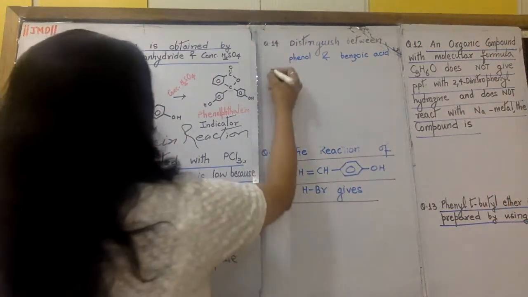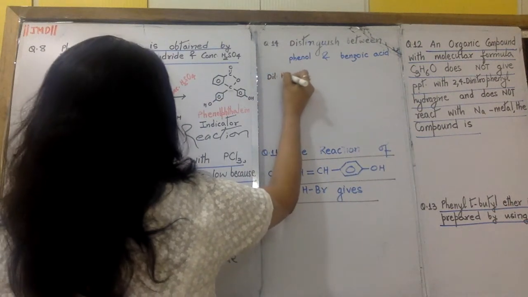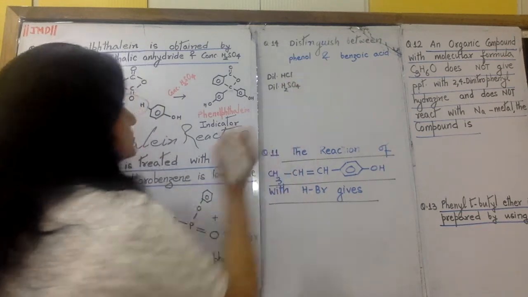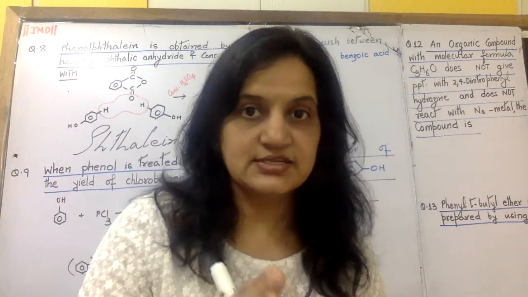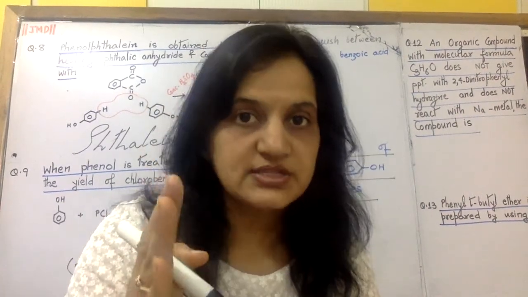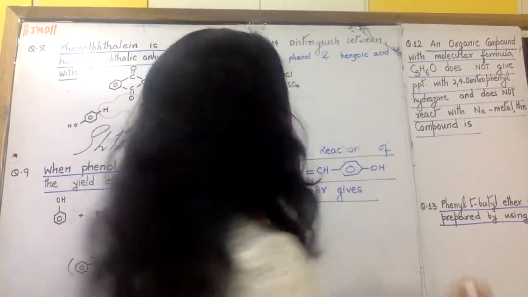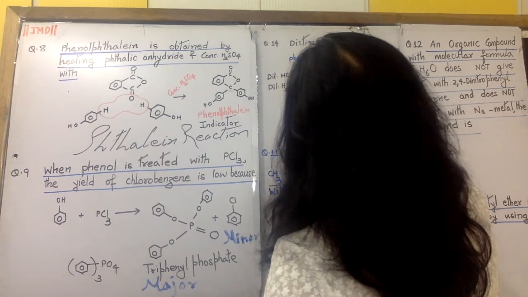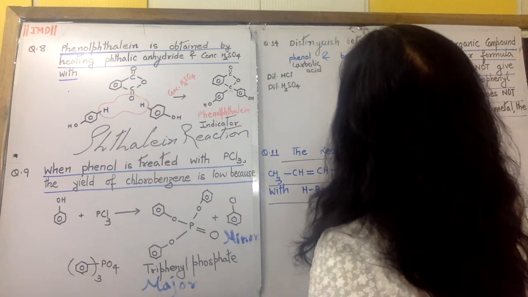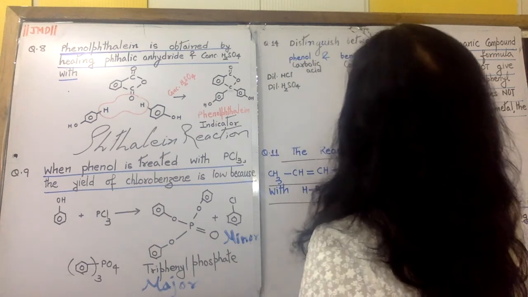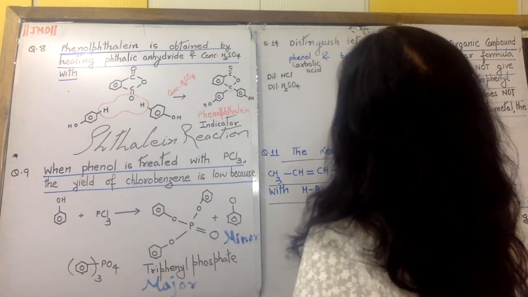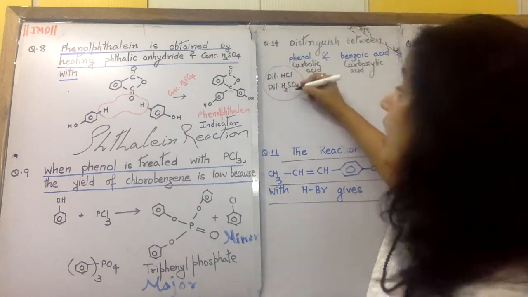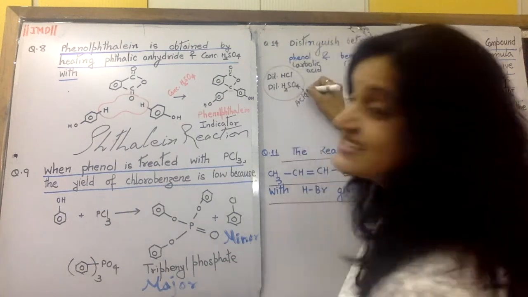Okay, now see. Dilute HCl and dilute H2SO4 cannot be used. Phenol and benzoic acid cannot be distinguished using dilute HCl or dilute sulfuric acid, because phenol is a carbolic acid and benzoic is a carboxylic acid, and everyone knows they are acids.